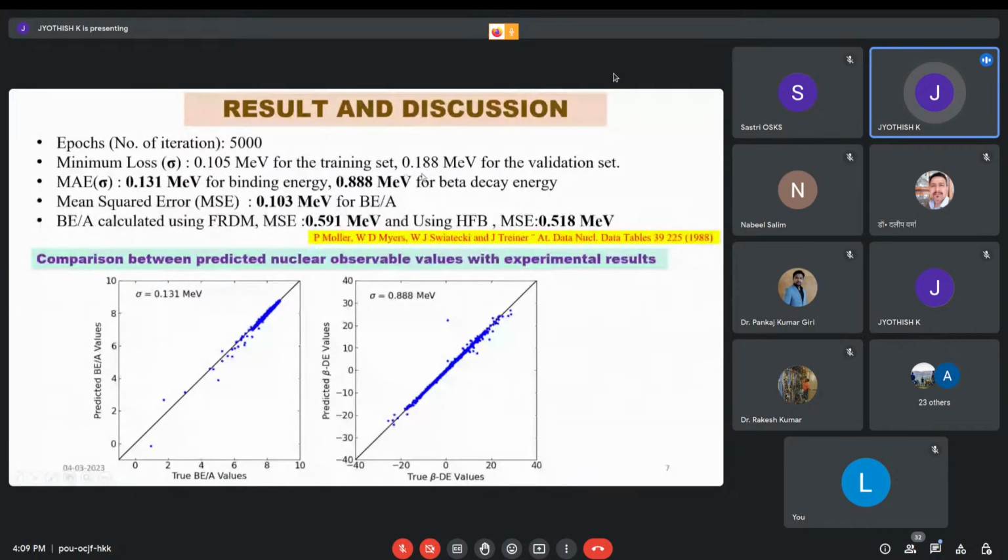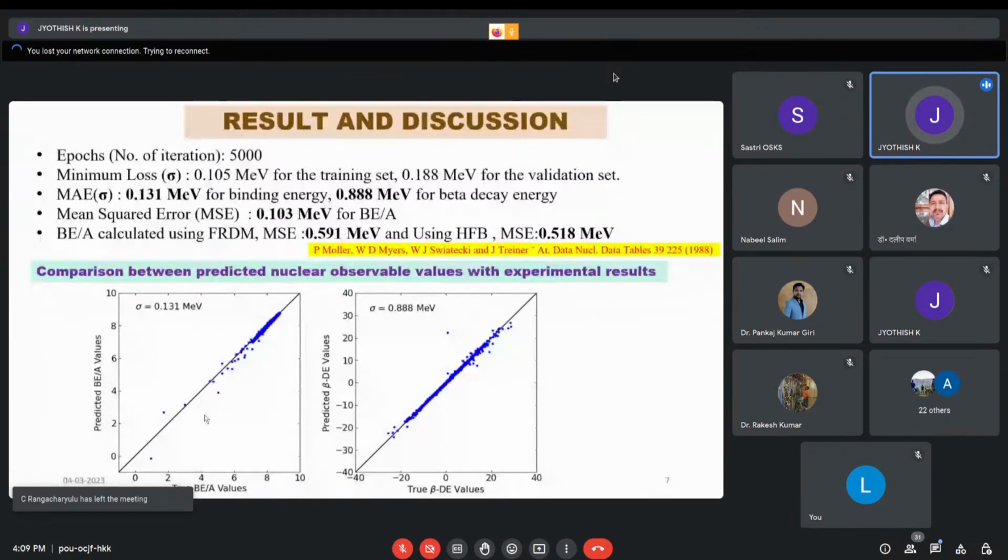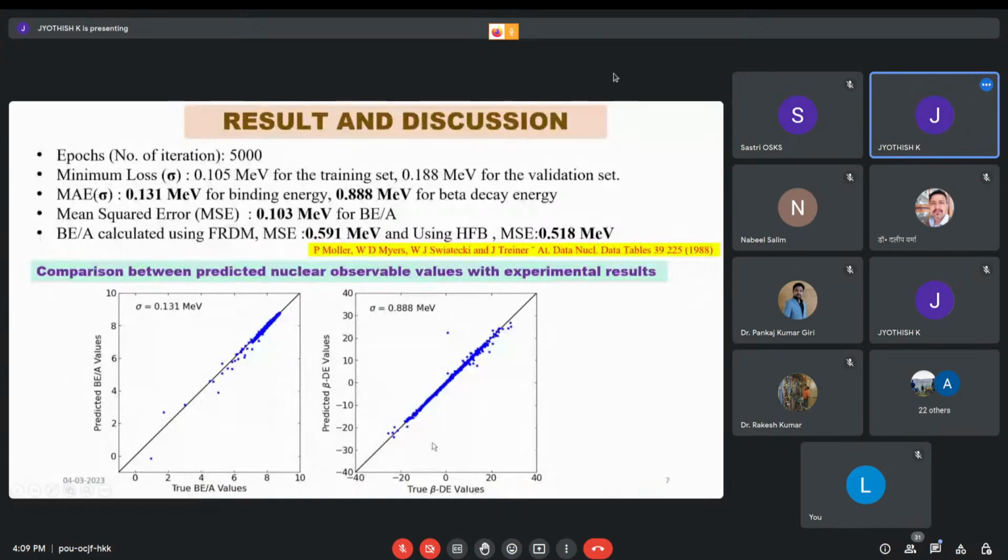This is the comparison between the predicted nuclear observable values and the experimental results. The first diagram shows the binding energy, and the second diagram shows the beta decay energy. From the first diagram, we got a mean absolute error of 0.131 MeV, and from the second diagram, the mean absolute error for the beta decay energy is 0.88 MeV.